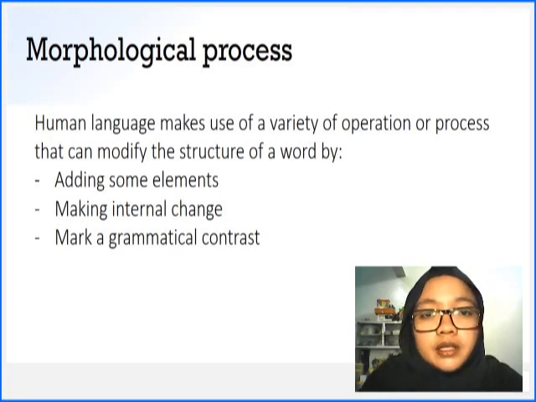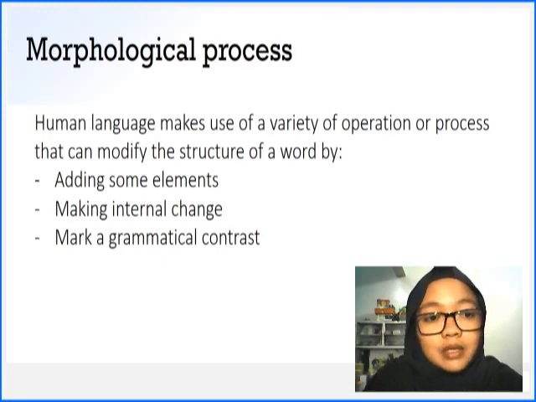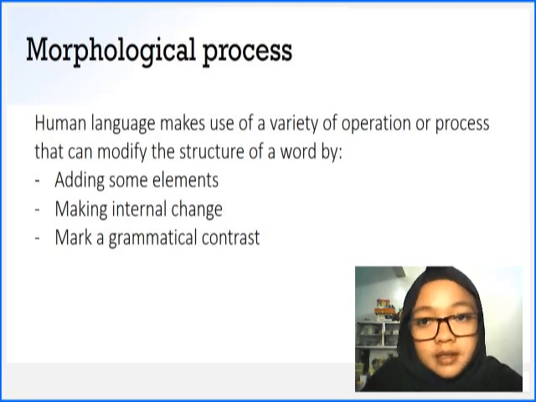In morphology, of course, in the formation of words, there are so many kinds of process. In this case, human language makes use of a variety of operations or processes that can modify the structure of a word by doing three of these activities.